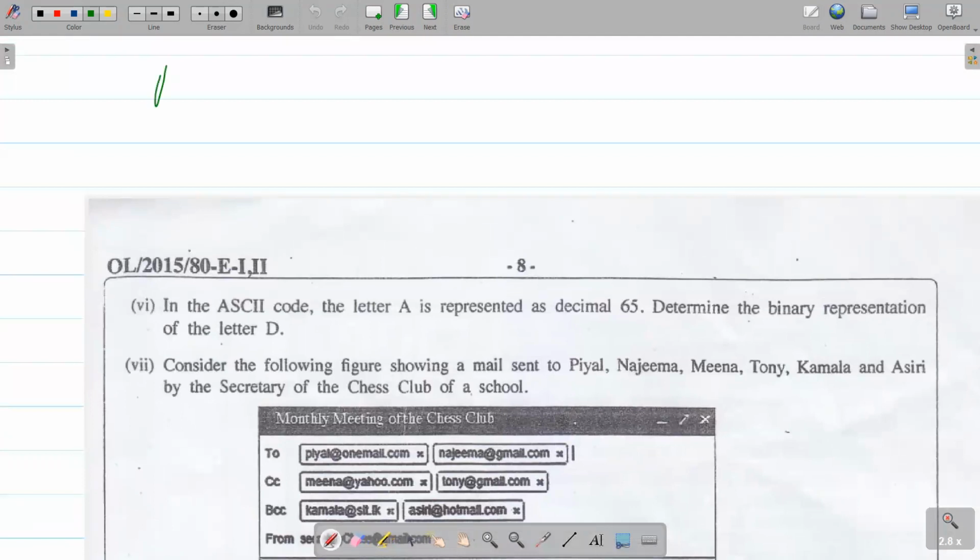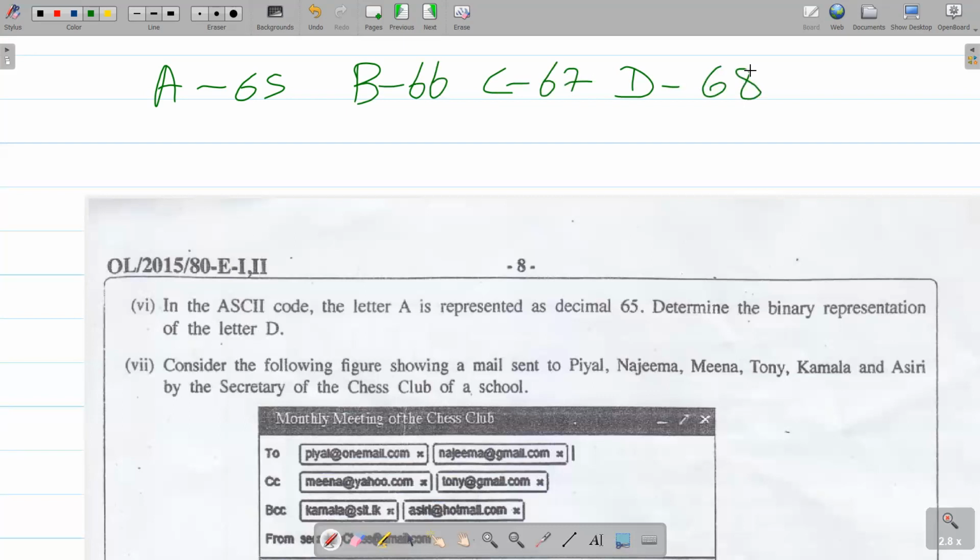So they say capital A indicates 65. So then B, C, D. So B is going to be 66, C is going to be 67, and D is going to be 68.